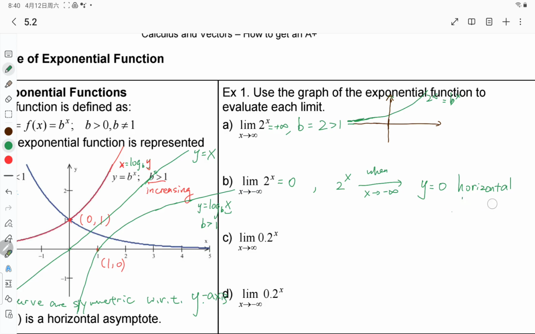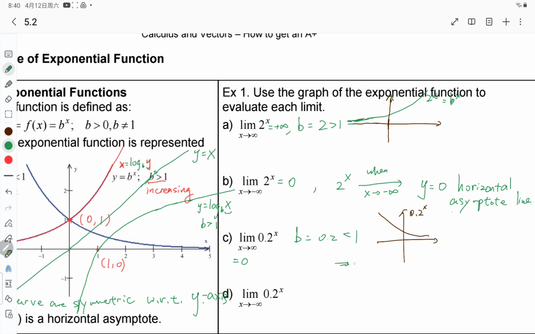Let me just say this is a horizontal asymptote. Okay. And then when b is equal to 0.2, what I want to say is b less than 1, right? And then the shape changes a little bit. It looks like this, right? And similarly, when x goes to infinity, it's decreasing to 0, okay?